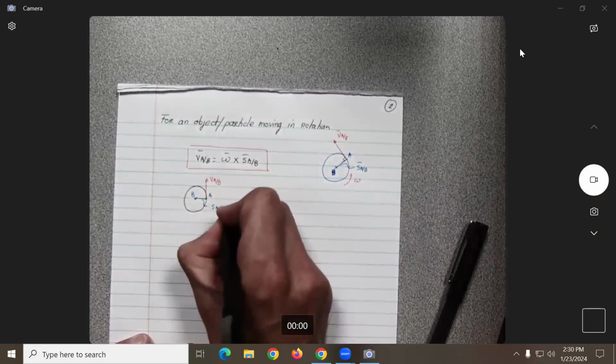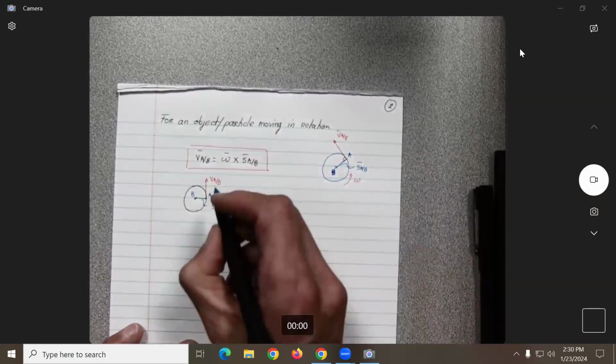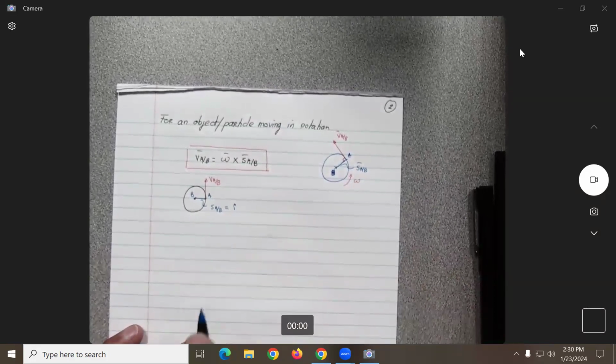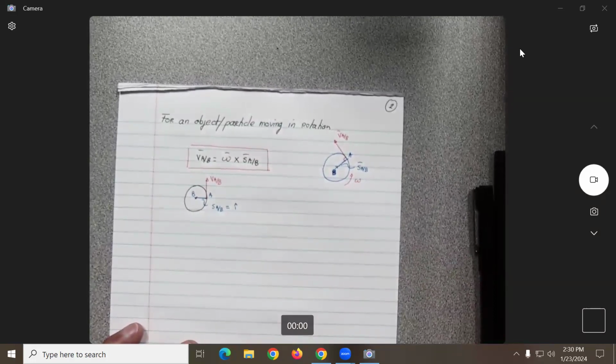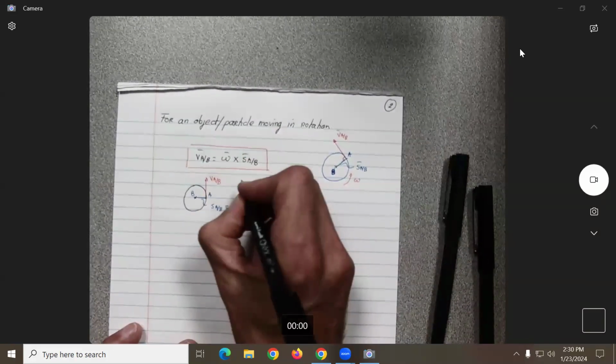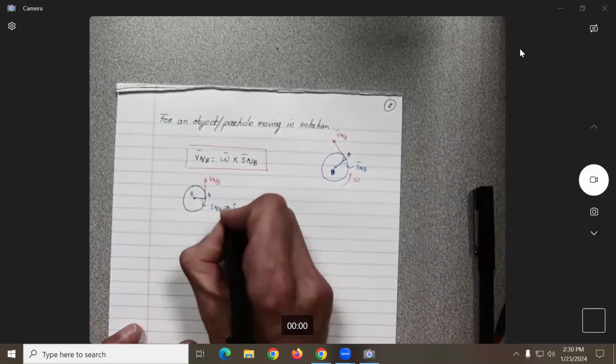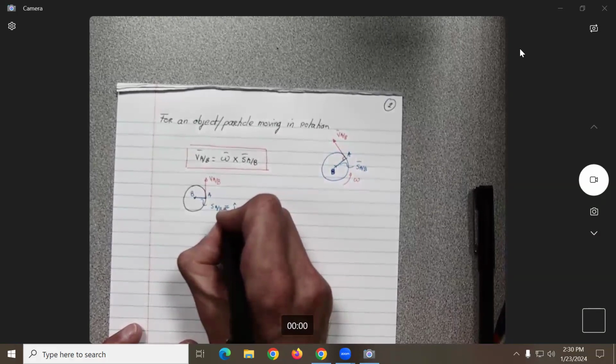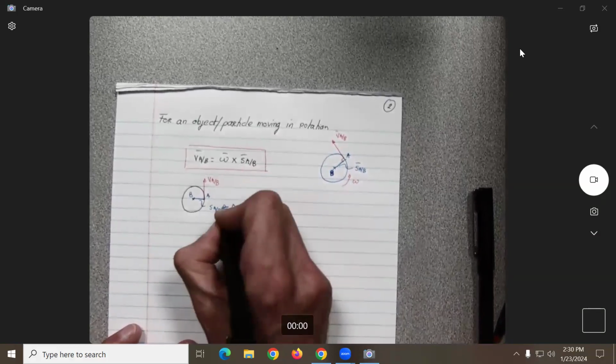So velocity of A with respect to B would be in what direction? Only in the I direction, no? Yeah. Velocity of B with respect to B, maybe we should not put the equal sign. Maybe let me put something like this.